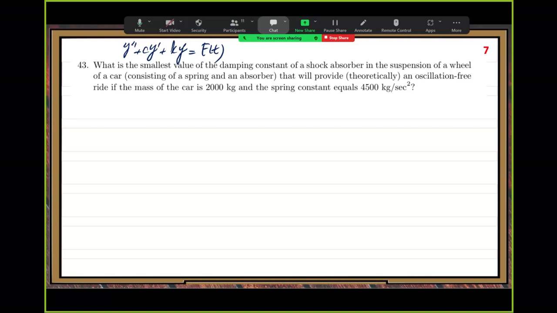You need to raise the damping constant a little higher. At the critical line, that's the smallest C. Above the critical line, you have some cushion, some room. So the question asks you for that borderline C.